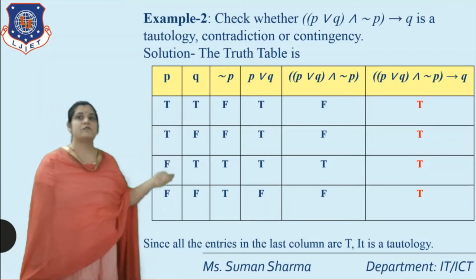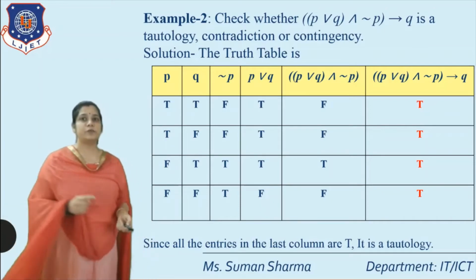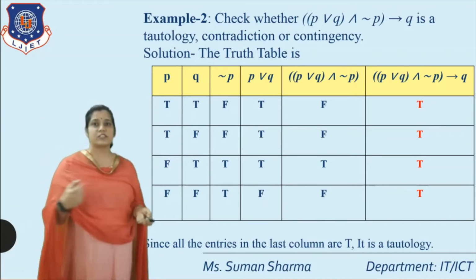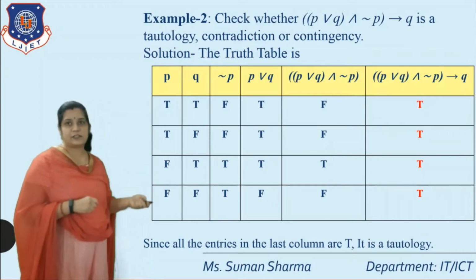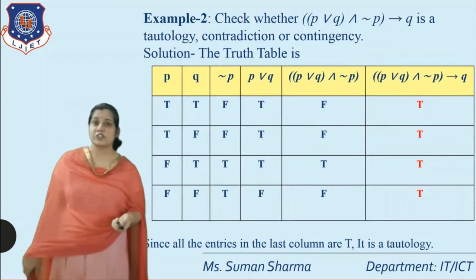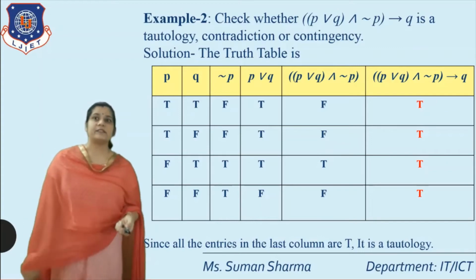So negation P is according to P being T, T, F, F, so negation P is F, F, T, T. Next is P disjunction Q. What is the process for finding the disjunction?